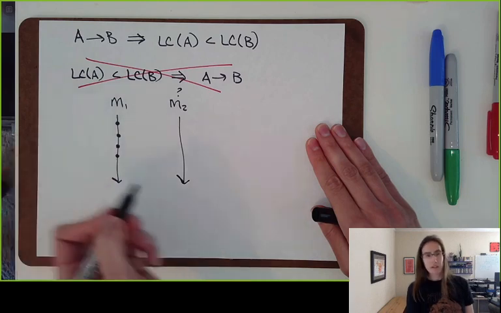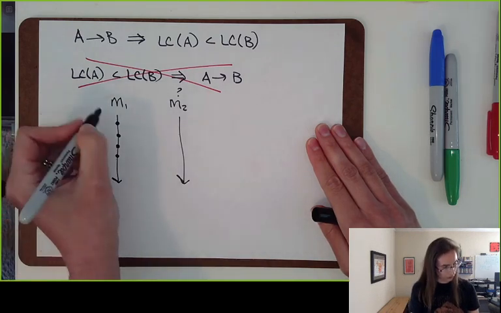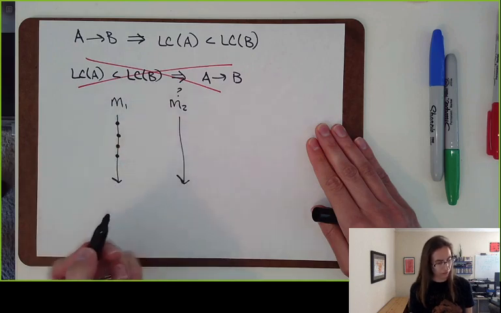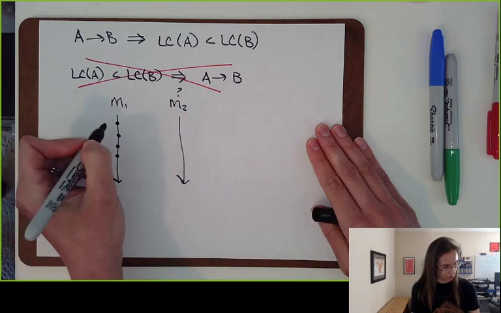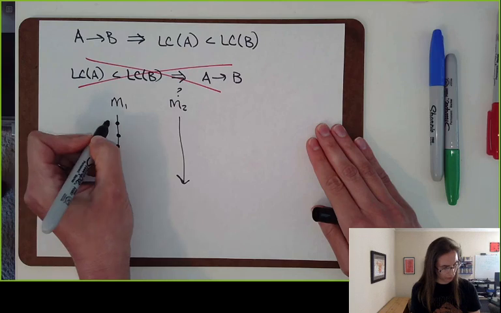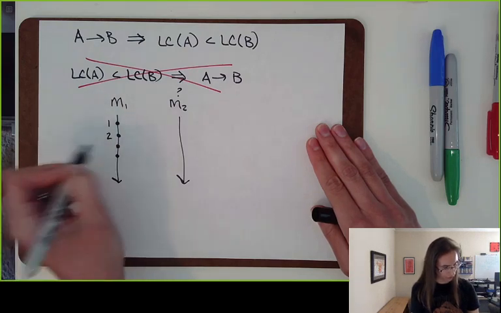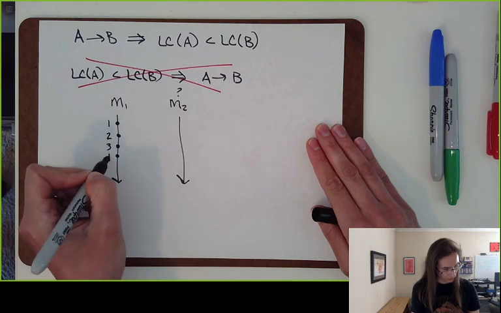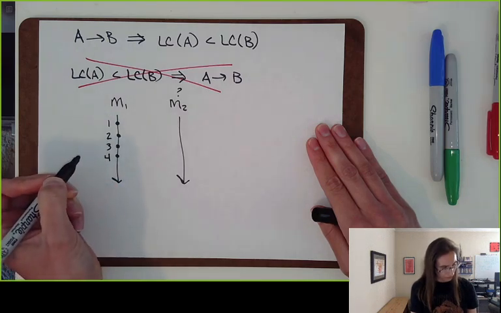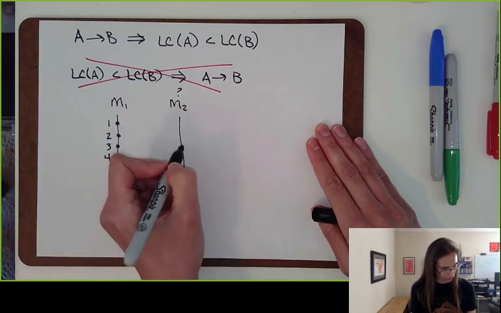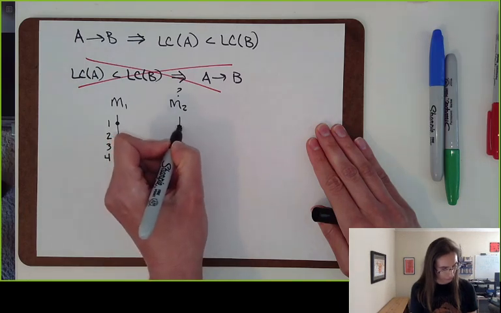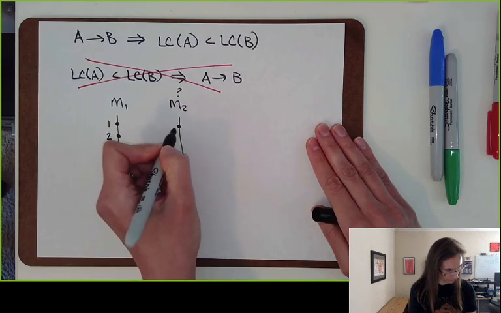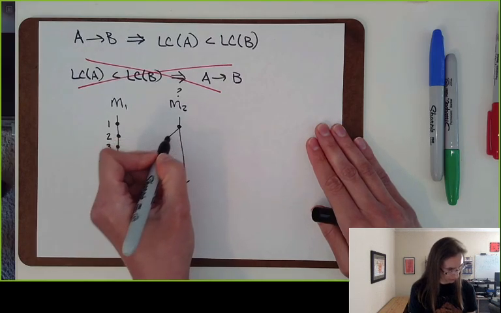So if we were to give Lamport clocks to these events, recall that with Lamport clocks, everybody starts with their process initialized to 0, and then you increment on every event. So this would have a Lamport clock of 1 and a Lamport clock of 2, 3, 4, and so on. So let's say that over here there's a message send. And it goes to here.